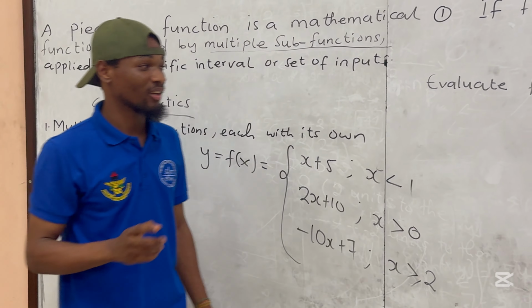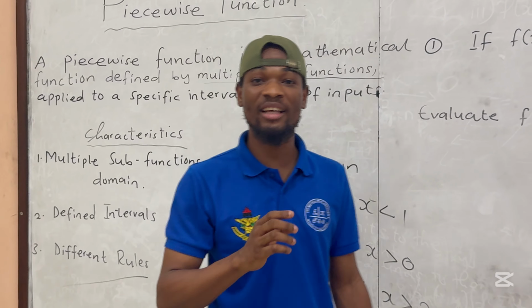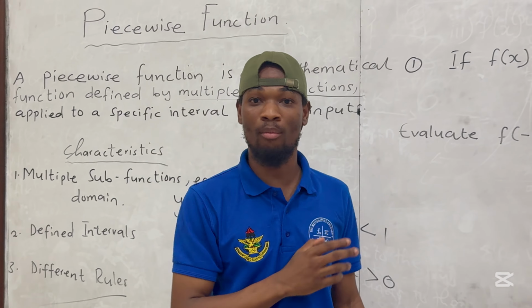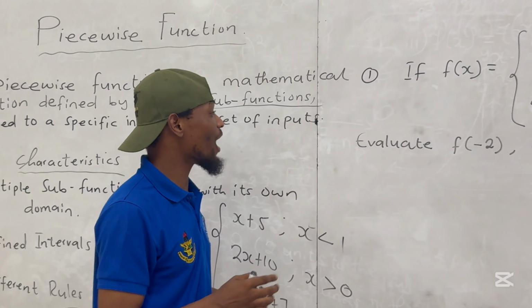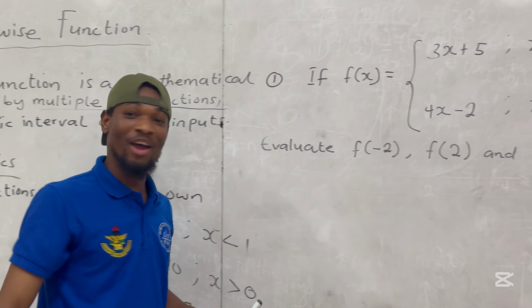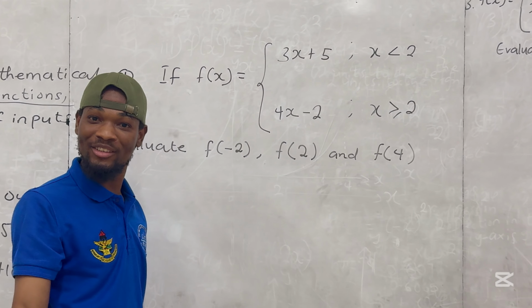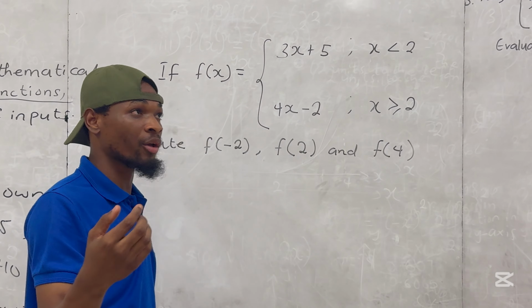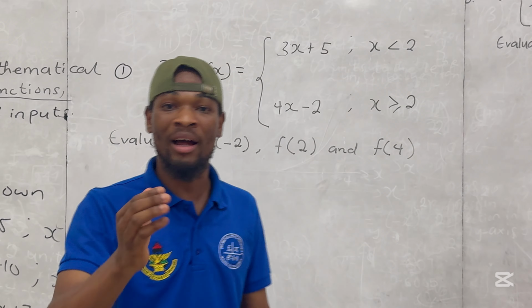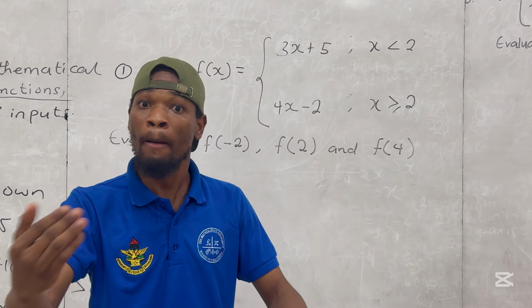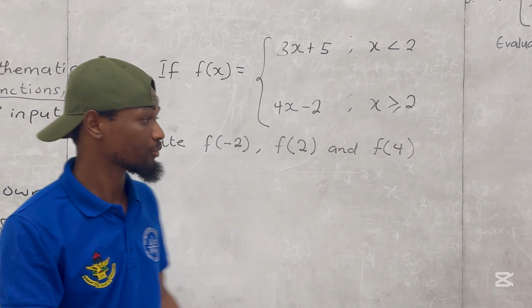So viewers, let's solve questions and let's see how this is applicable. So we have 1. If f of x equals, of course, this is a piecewise function. You can have an absolute value function, that is piecewise. Okay.